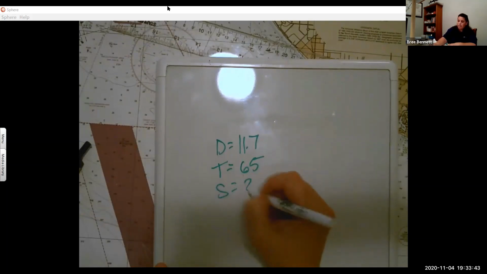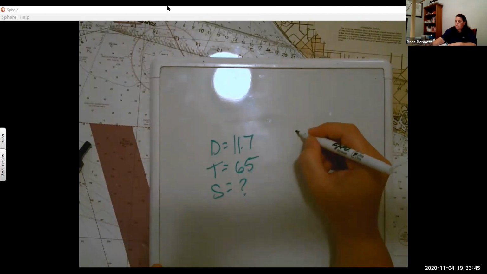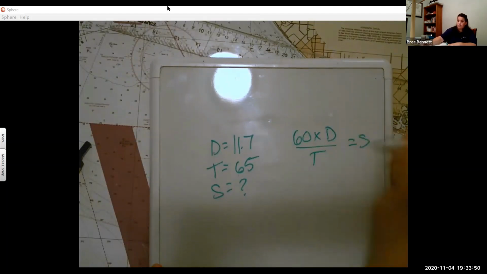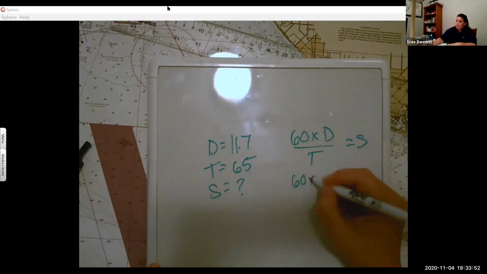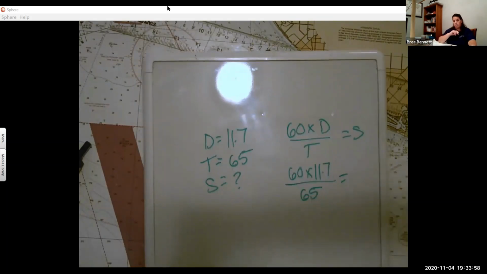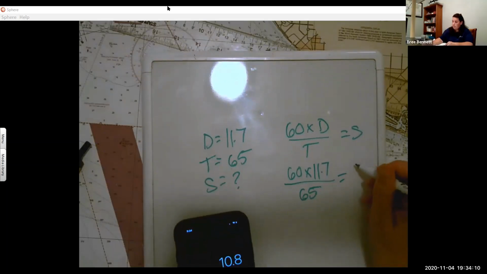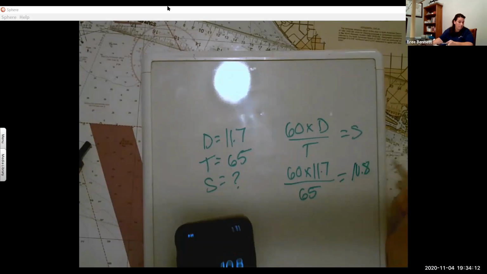What is my speed? So 60 times D divided by T. 60 times 11.7 divided by 65. I got 10.8.